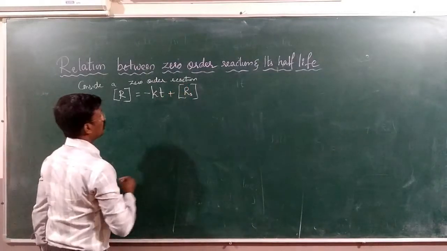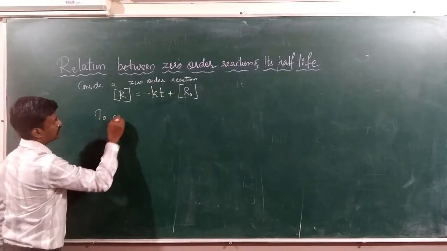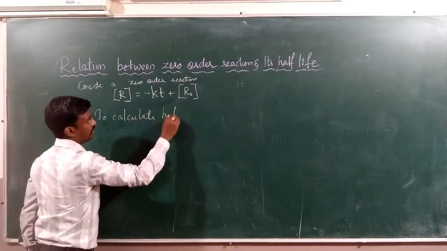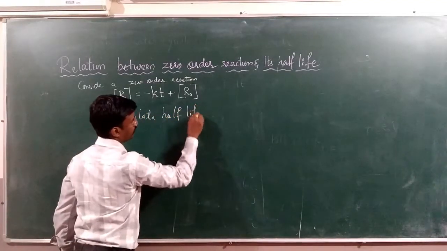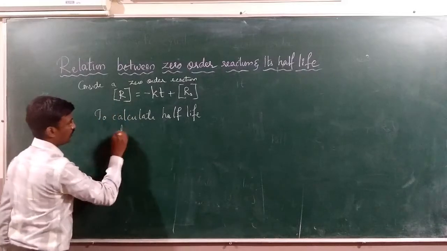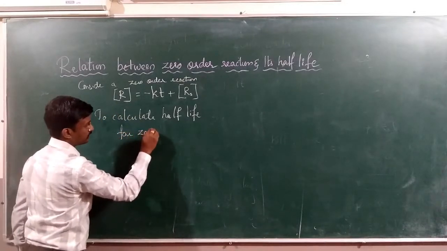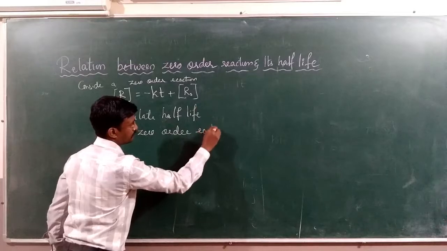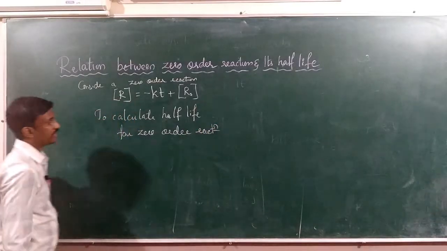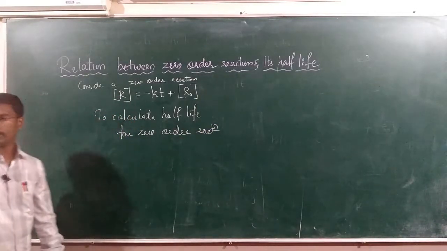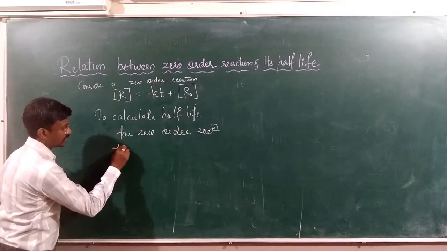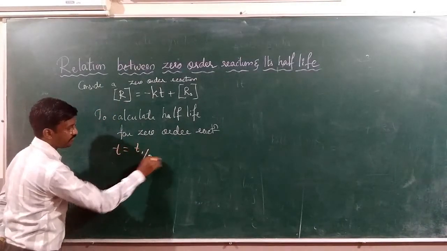Here, to calculate the half-life for a zero order reaction, we will put t equal to t half.